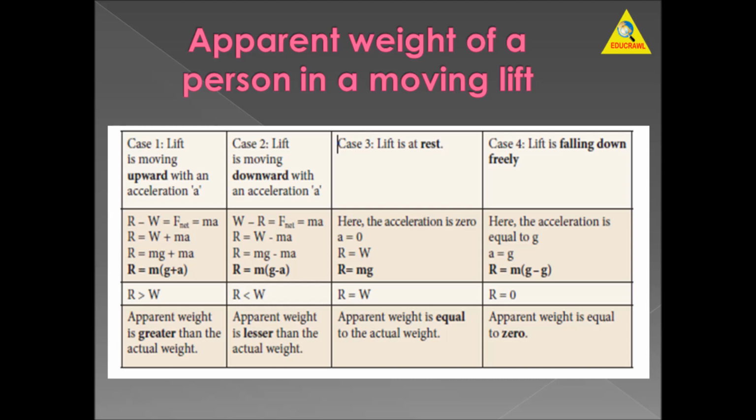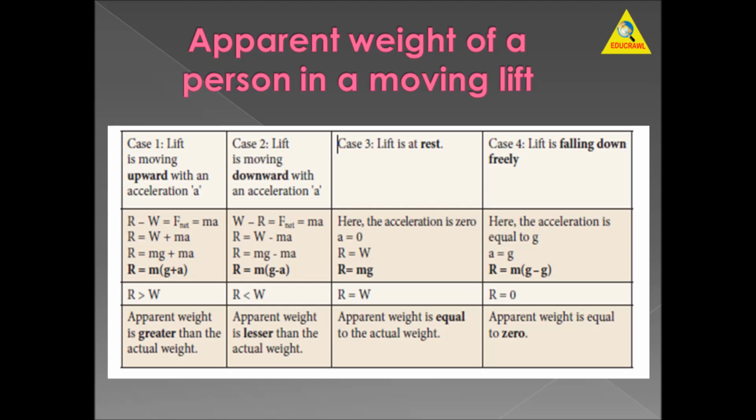Hence, F net is equal to R minus W. Hence, we can write the above equation as R minus W is equal to F net. Instead of F net, I am substituting ma. Now the equation becomes R minus W is equal to ma.